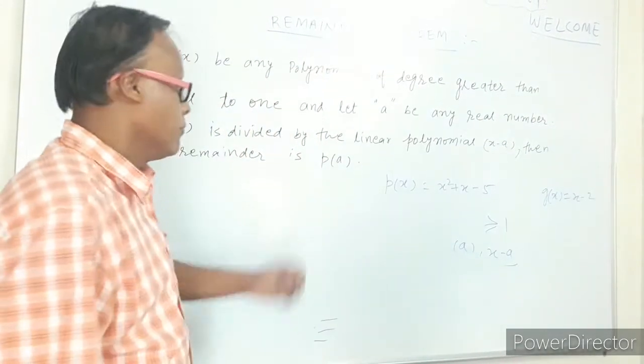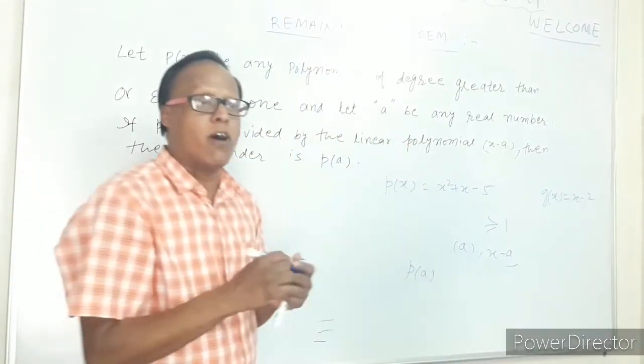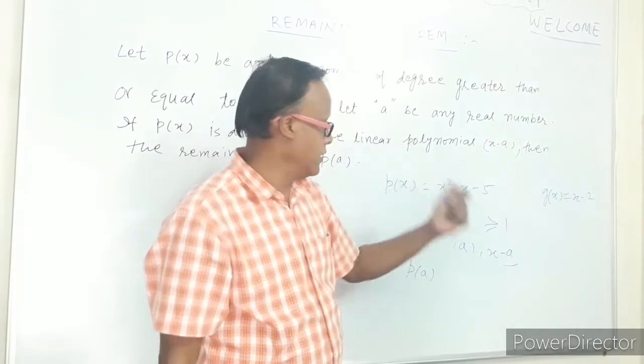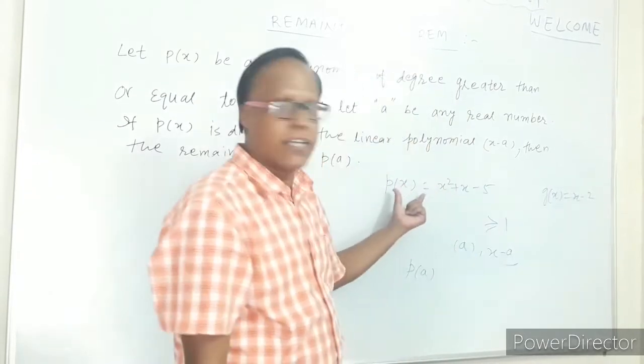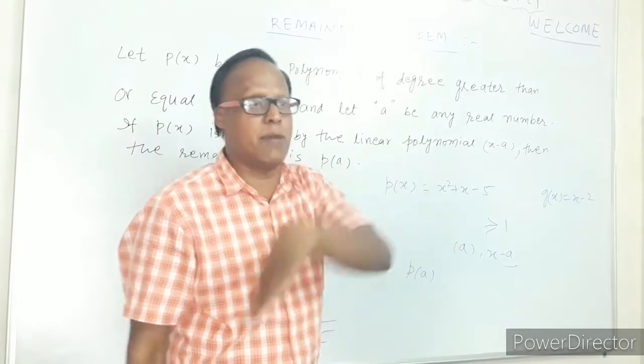So then Pa is the remainder. Whatever the value of Pa, that is the remainder. In our situation, a is 2, so you find the value of P2, that gives you the remainder.